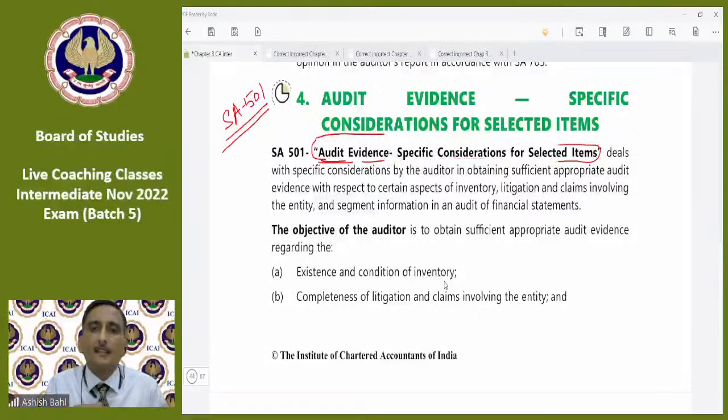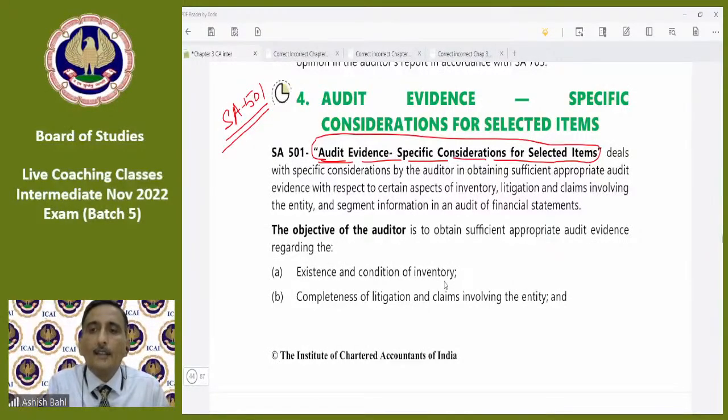Students, this standard on auditing deals with audit evidence relating to 3 items. So we shall be discussing auditors' responsibilities in relation to these 3 items. What are these 3 items?